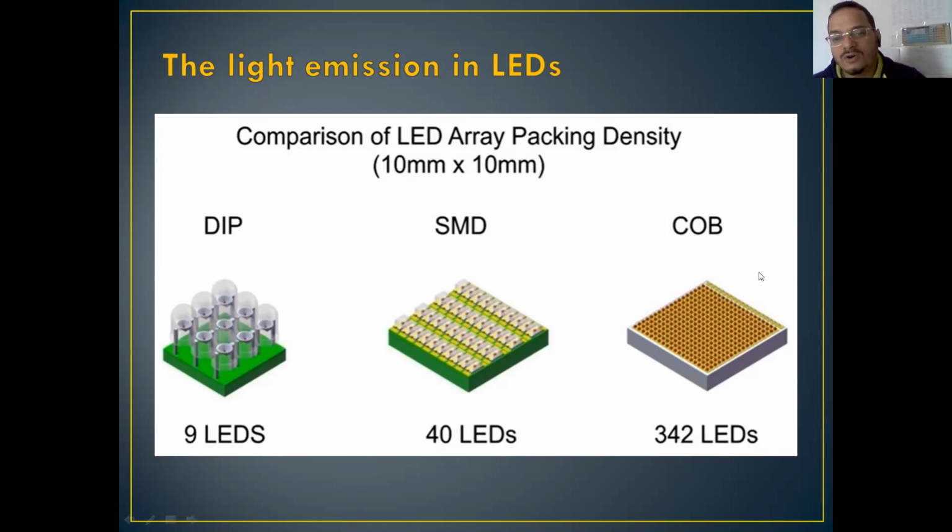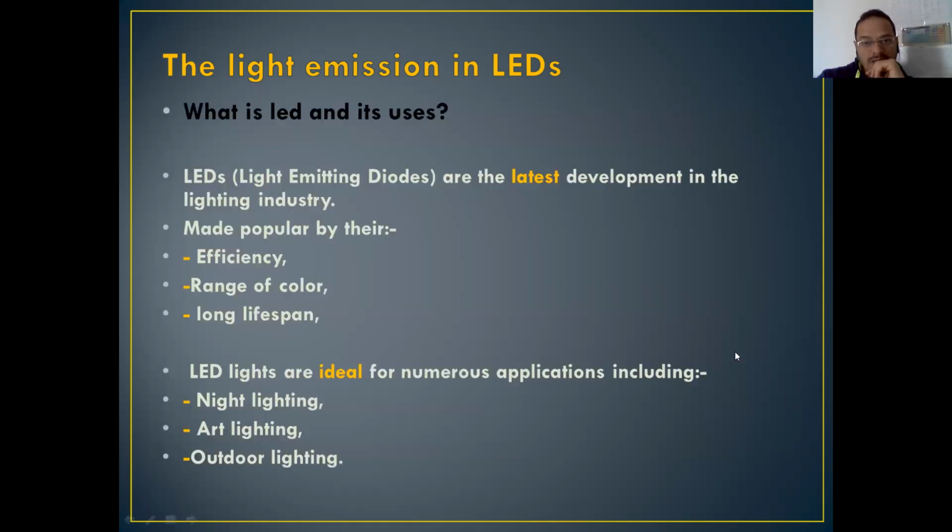And the last one, COB, we could put 342 LEDs at the same distance, so we can generate a great density by using this huge number of LEDs.